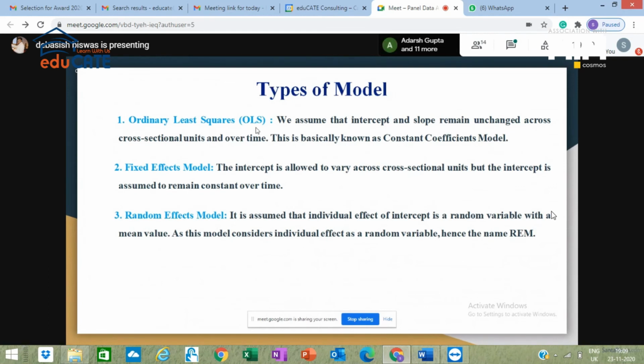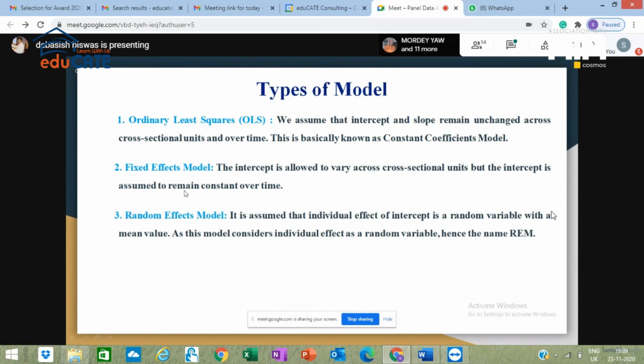So how you will take the decision? You have to compare between OLS versus fixed, OLS versus random, fixed versus random. So many options are there in the software, and we will learn how to use this so that we can better establish the most scientific regression model for the prediction purpose.